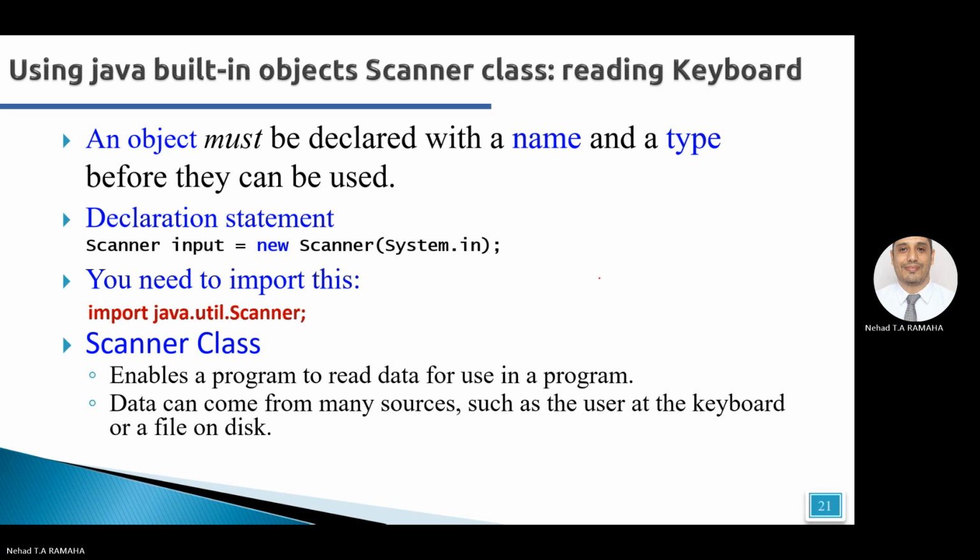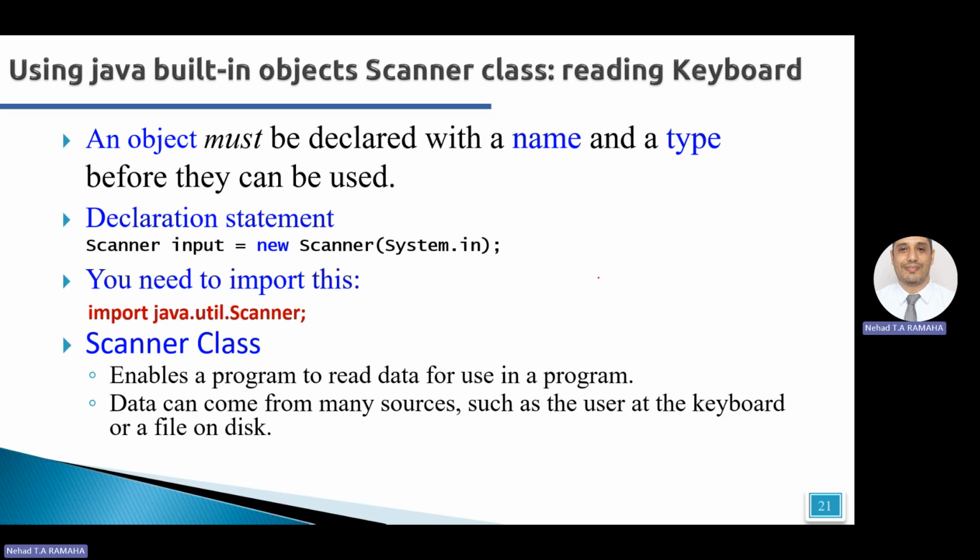Okay, until now, as you can see, we only give the data as initial data, yes? But we need to read data from the user, like scanf in C language. Actually, we don't have a scanf here in Java. It's a little bit different.